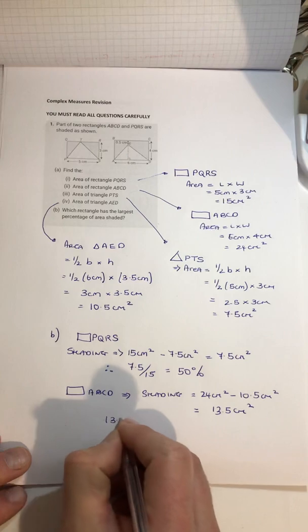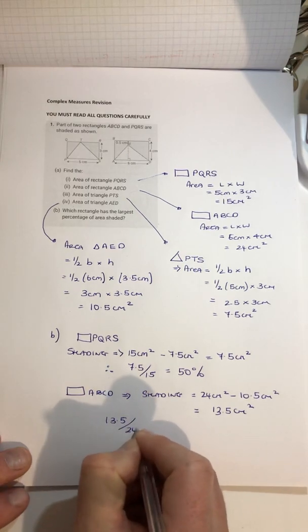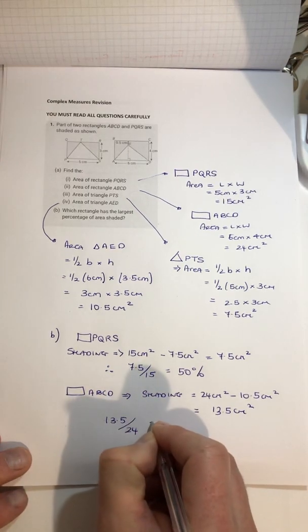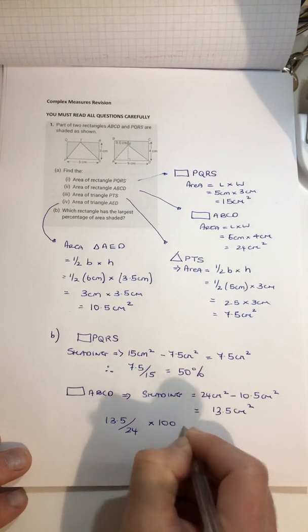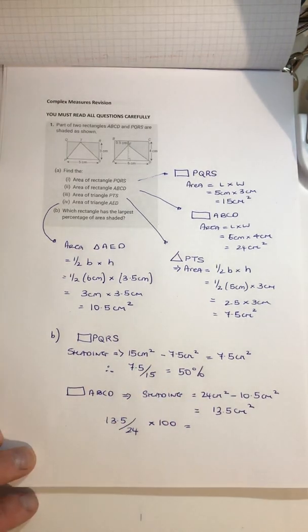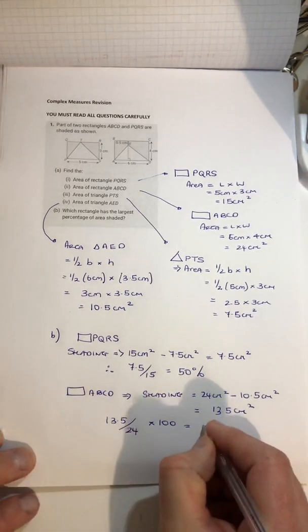So 13.5 out of a total of 24, multiply that by 100 is equal to 56%.